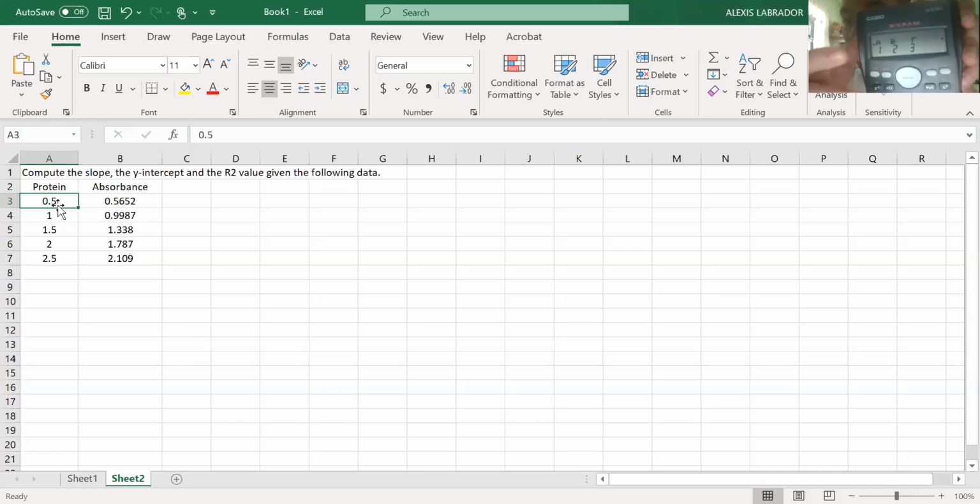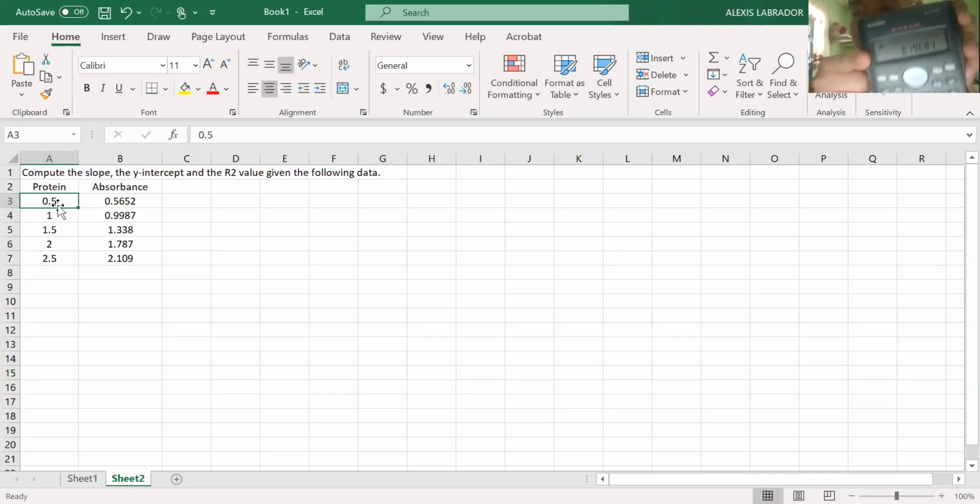Now, yung 1 dito, which is equivalent to A, is the y-intercept, okay? Kapag pinindot mo yung 1, tapos press mo yung equal sign, lalabas yung value ng y-intercept, which is 0.19681. Okay?